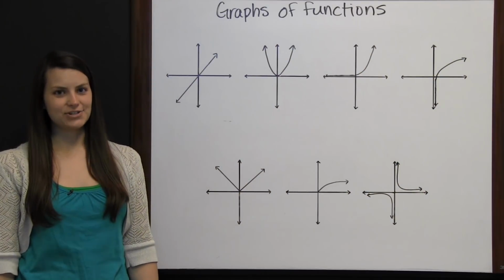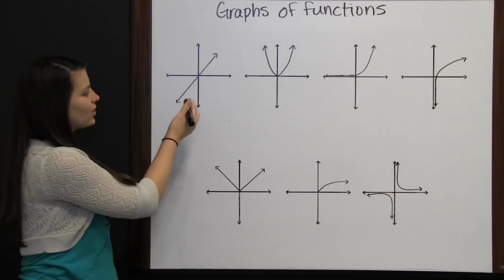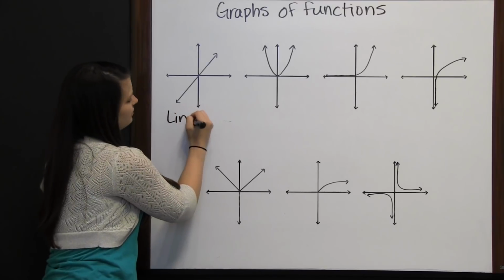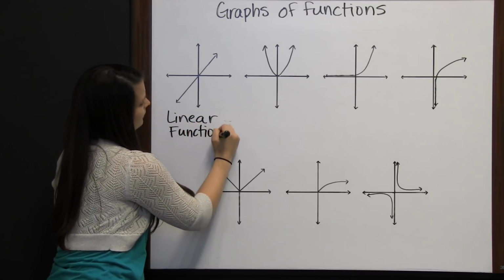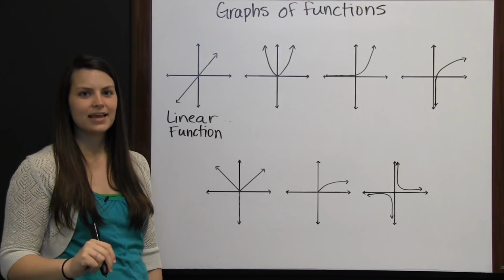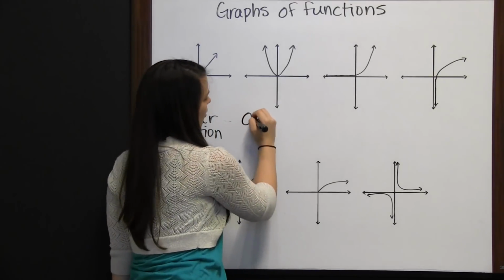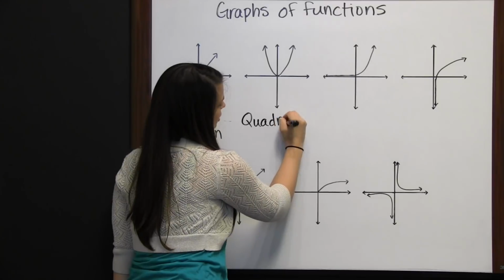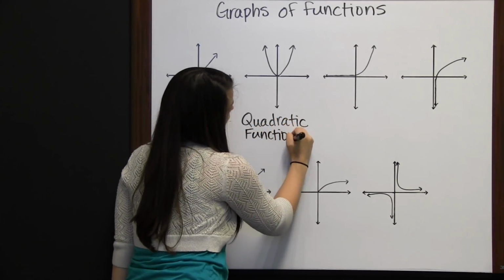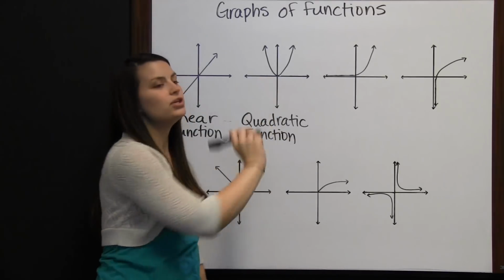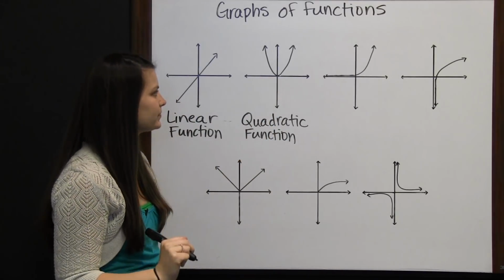Graphs of functions. The first graph is a linear function. It graphs a line. The second graph is what's called a quadratic function. Quadratic functions graph a U or a parabola.